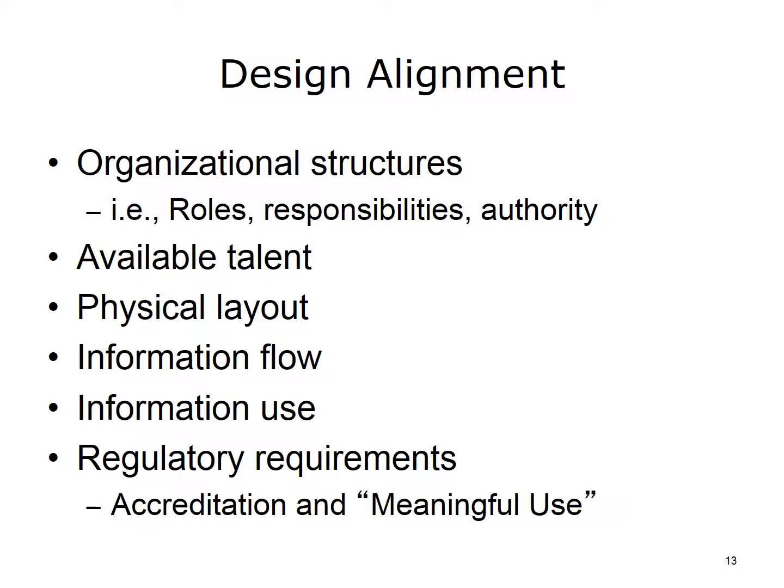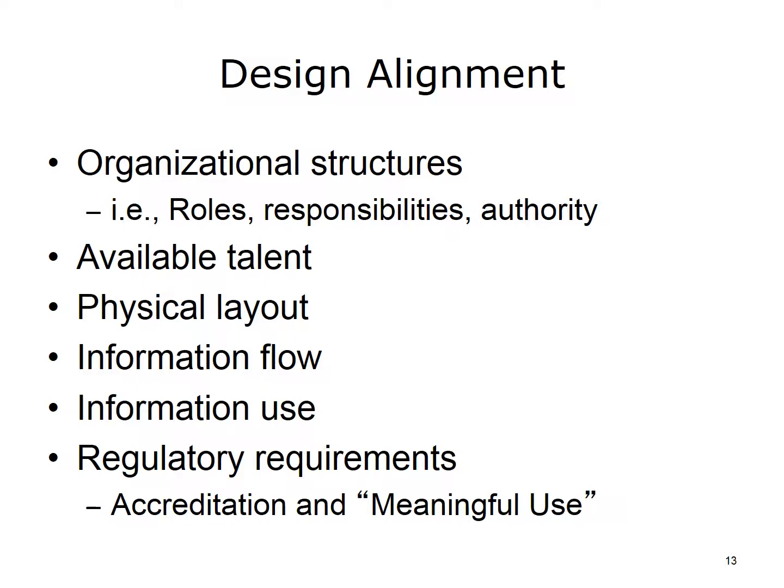Physical layout can be assessed by physically walking through processes to see if the traffic paths are likely to cause congestion, raise privacy concerns, or have extra steps. Information flow can be assessed by physically walking through information paths to see if the needed information is available, and if the representation by the information systems adequately supports the task.